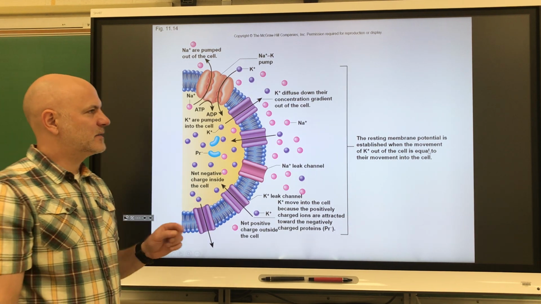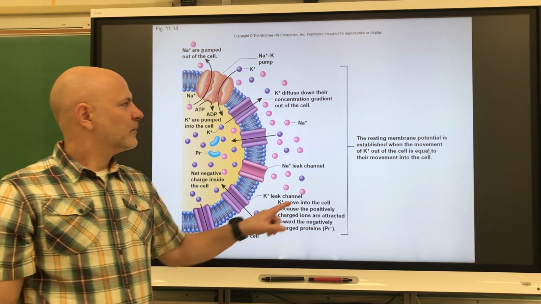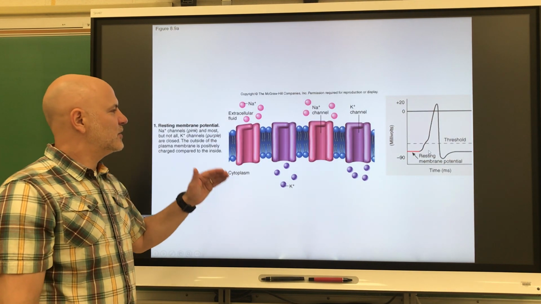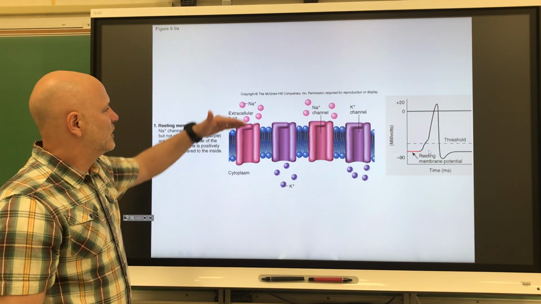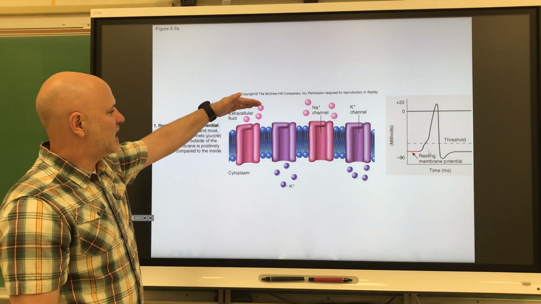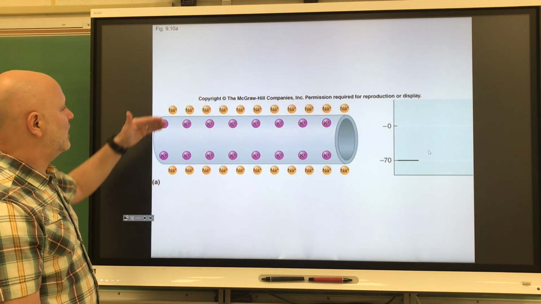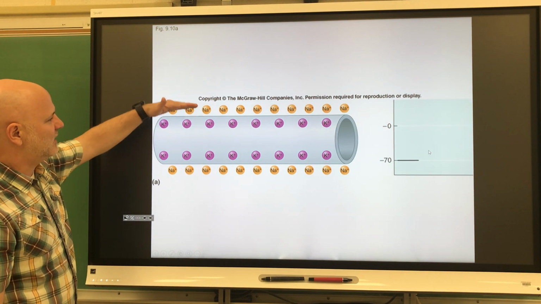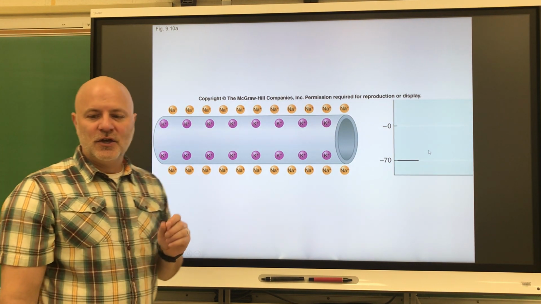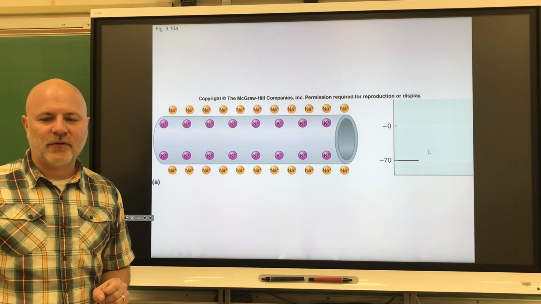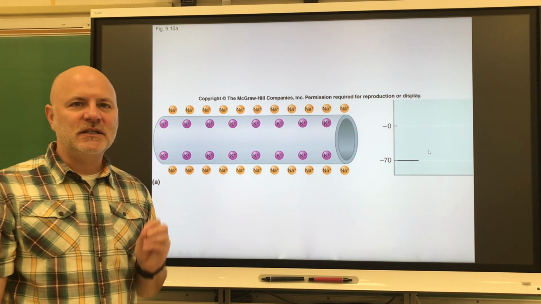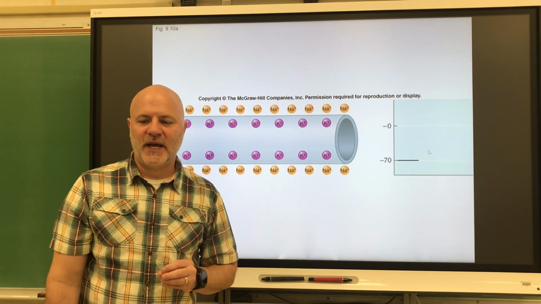Okay, so let's look at an action potential. Let's go to this picture. This shows the resting potential: sodium out, potassium in, positive out, negative in. We go to the next picture, which shows the same thing. Now we're going to get an impulse above threshold, and what we're going to get is a depolarization of the plasma membrane.